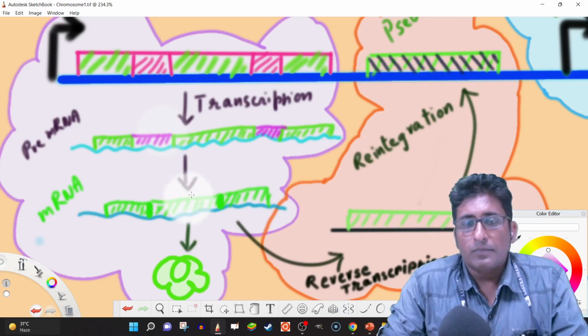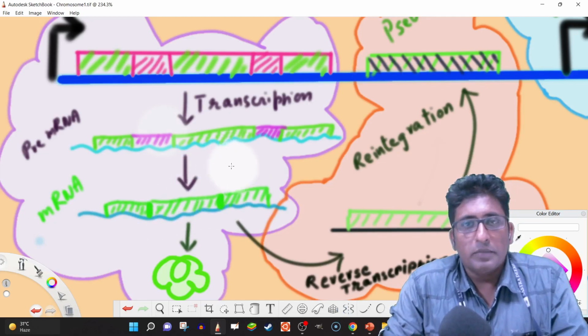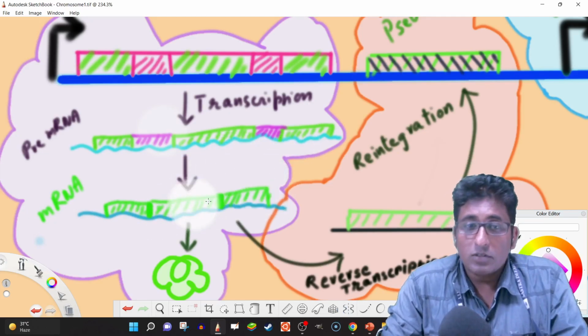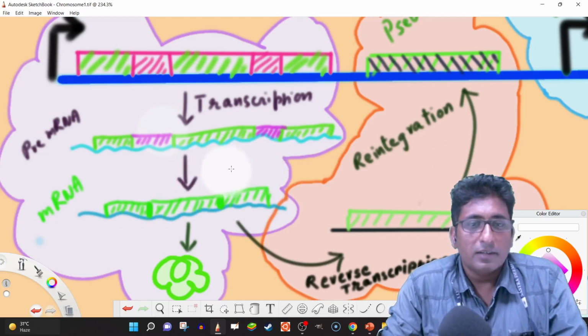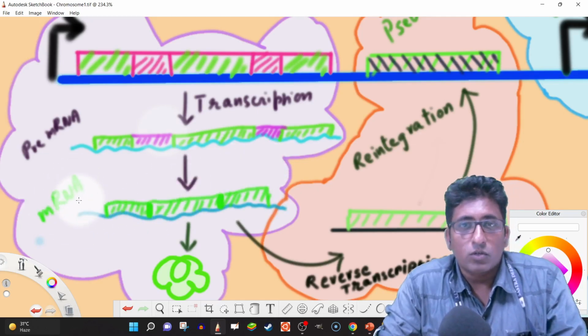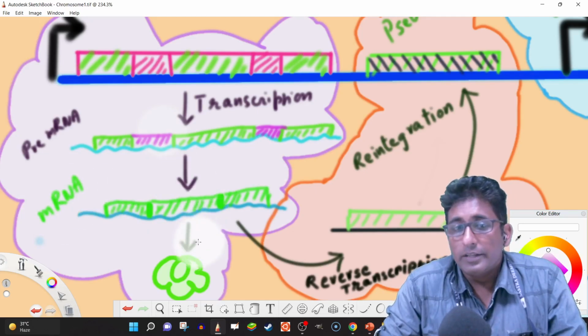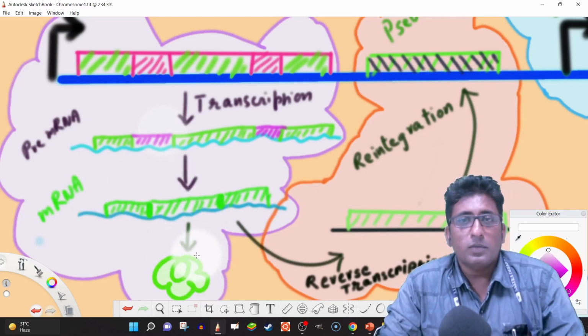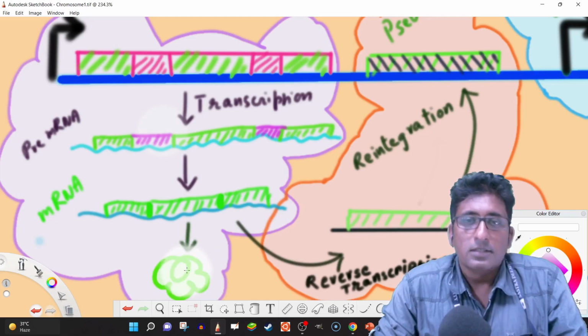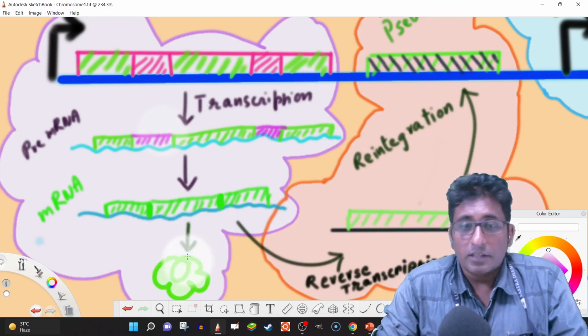Once the exons are joined and introns are eliminated, we call that mature mRNA. mRNA is then transported into the cytoplasm, where it is translated to produce a functional protein.